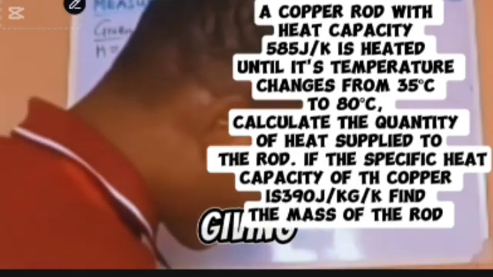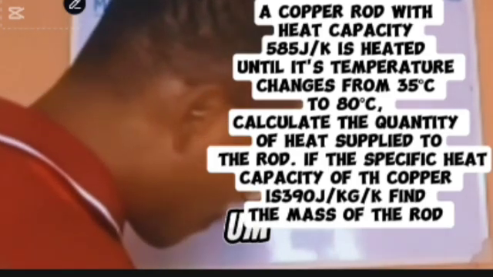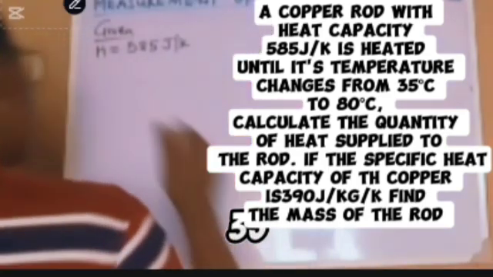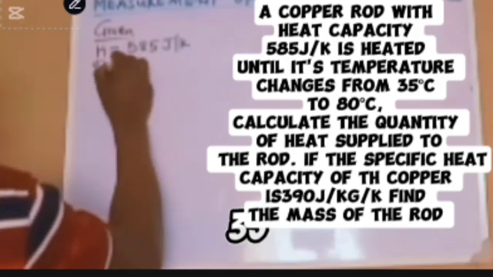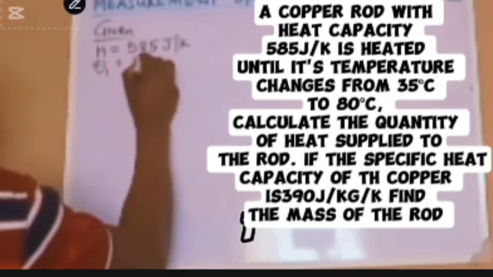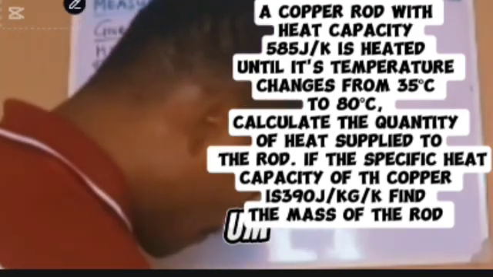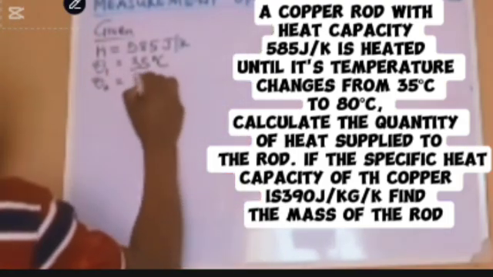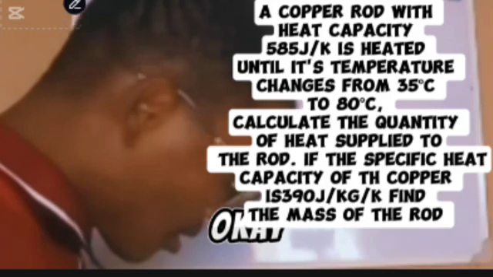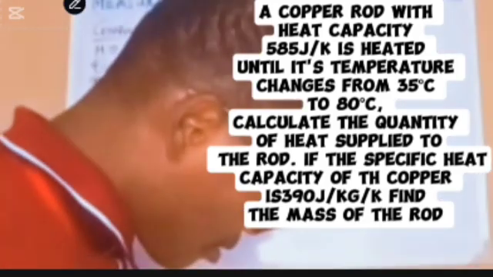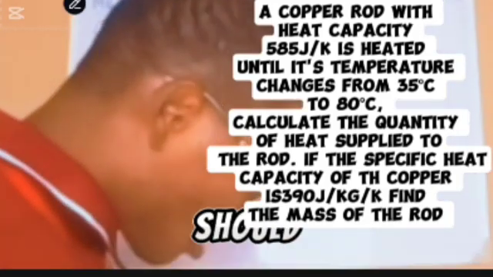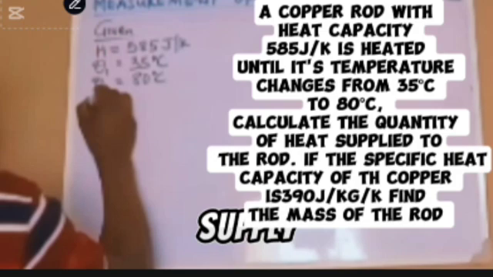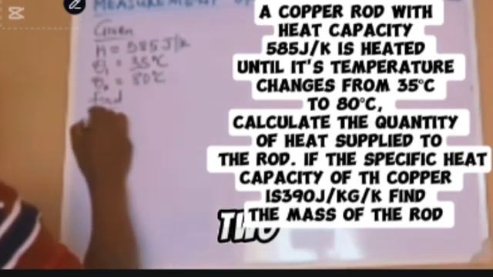What else are we given? We're also given that the temperature changes from 35 degrees Celsius. So 35, that's the theta 1. And it changes to 80, that's theta 2. And they now say that we should calculate the quantity of heat supplied. So this question is like two in one.